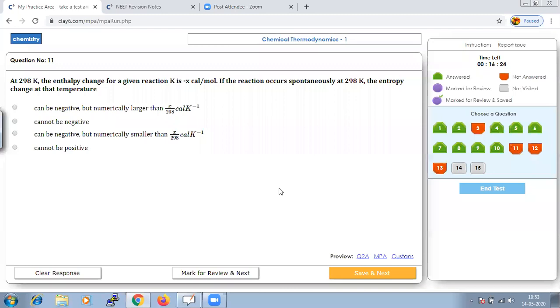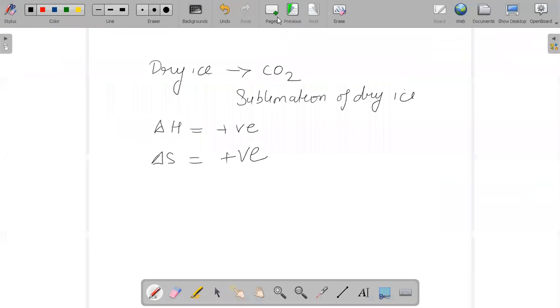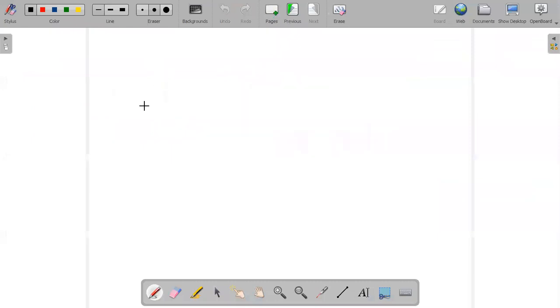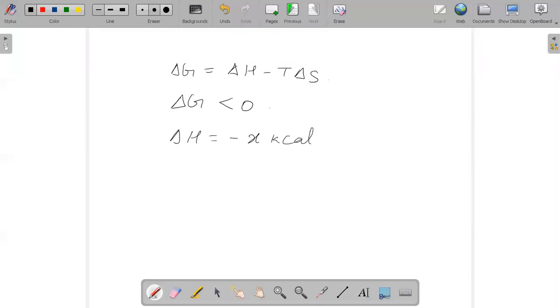So if I use the Gibbs free energy formula, delta G is equal to delta H minus T delta S. And since they have given that the reaction is spontaneous, we know that delta G is less than 0. And delta H, they have given to be minus X kilocalorie. And the temperature is 298 Kelvin.